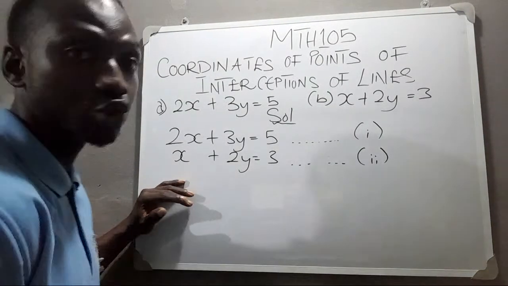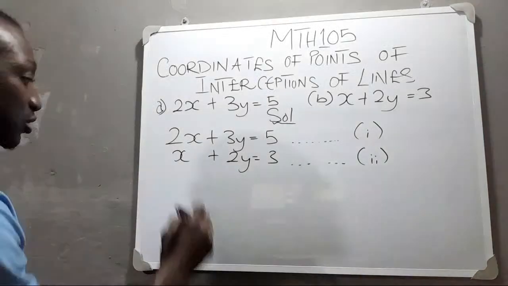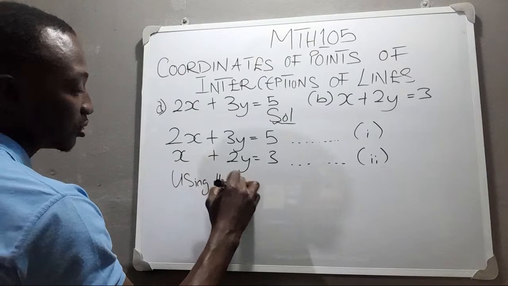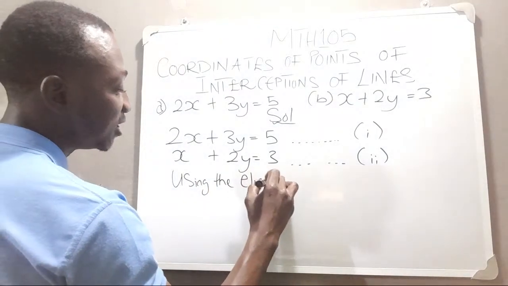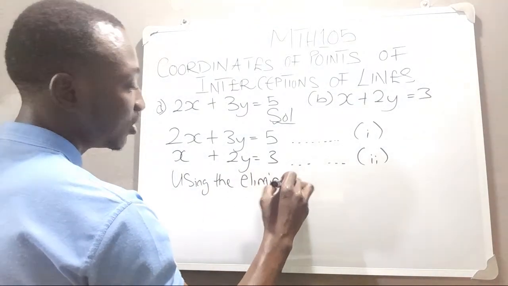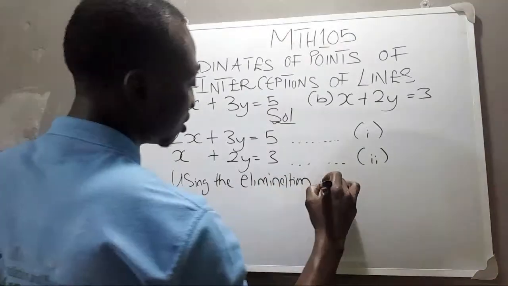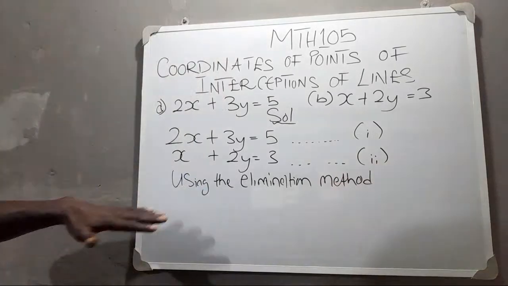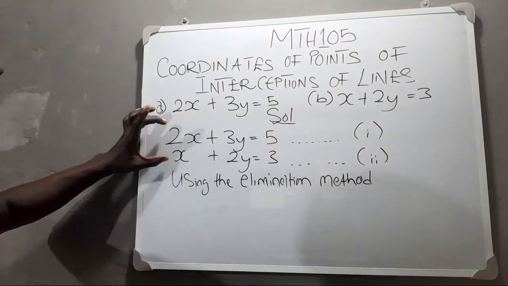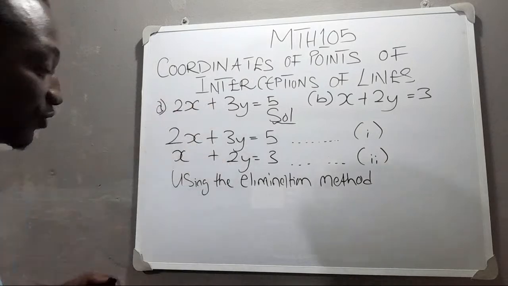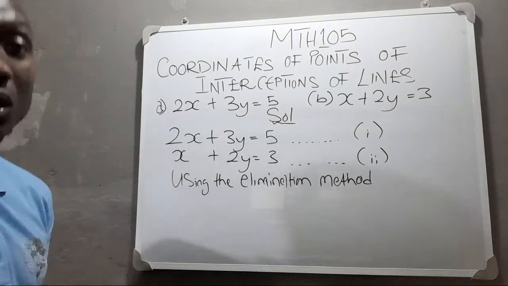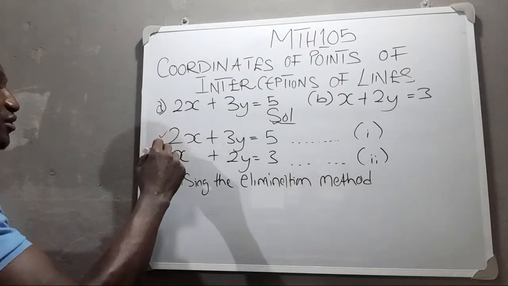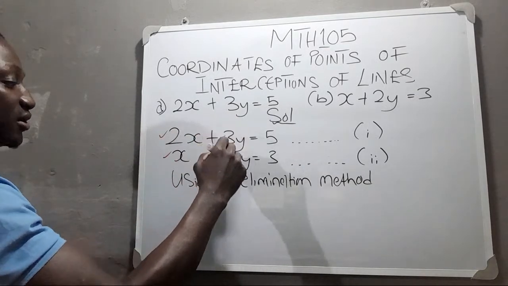We are going to use the elimination method. But before we can apply the elimination method, either of these two has to be equal. Either of these has to be the same thing.